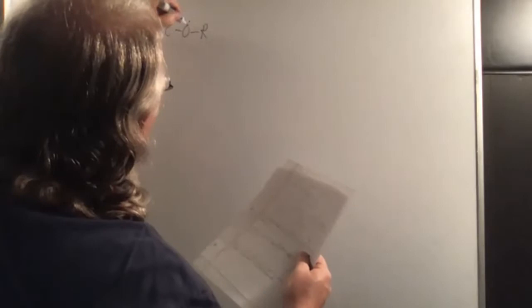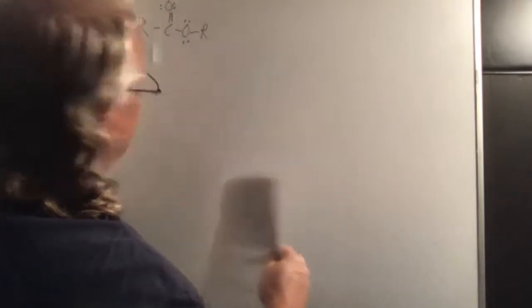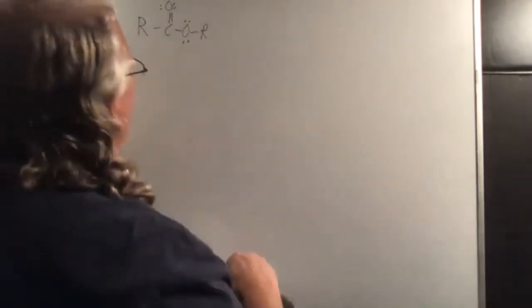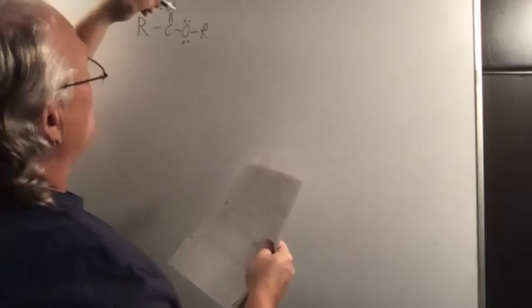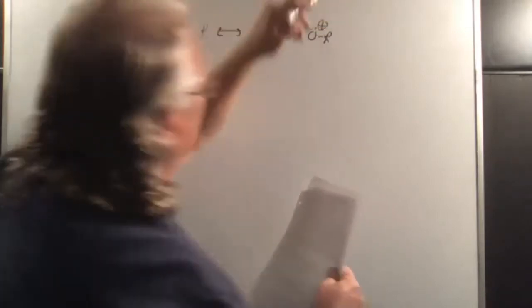we have this kind of structure. Now, if we look at that ester, we could draw this resonance structure where I move this pair of electrons down and this pair of electrons up. Now notice we have a positive charge there and a negative charge there.